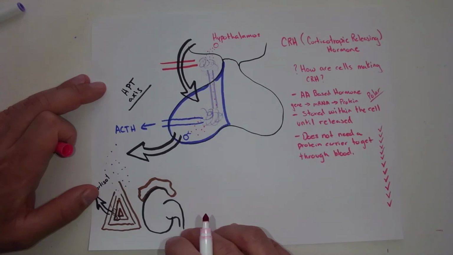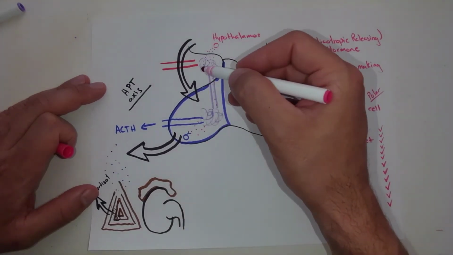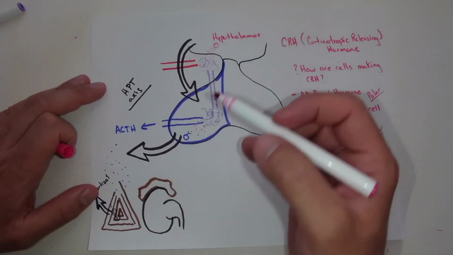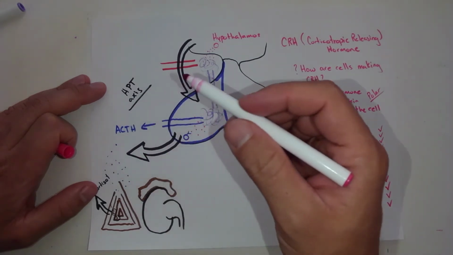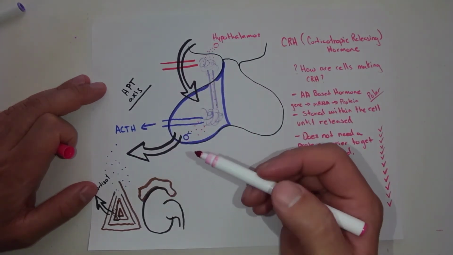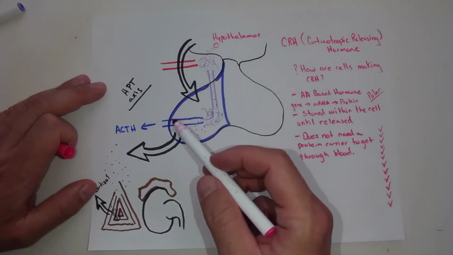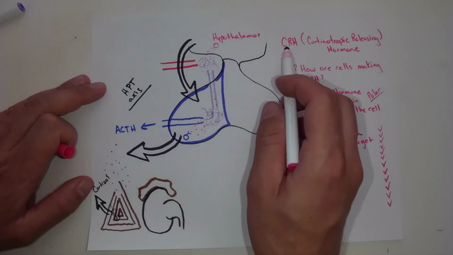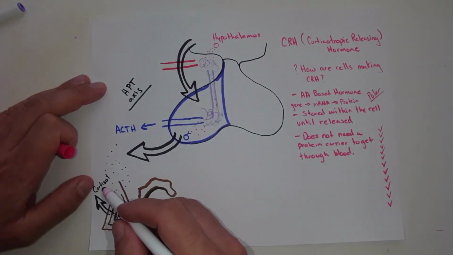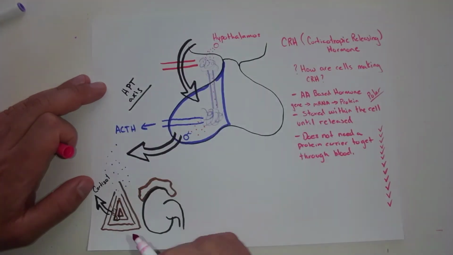Now, what's going to cause its release in the first place? And this plays into feedback loops. Usually, the ultimate result of this hormone is going to feed back to inhibit that hormone.